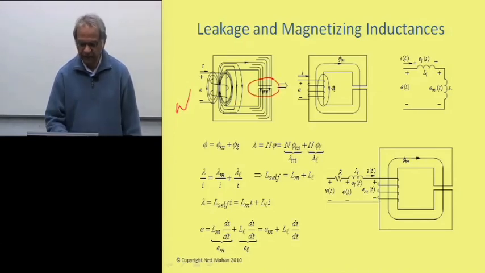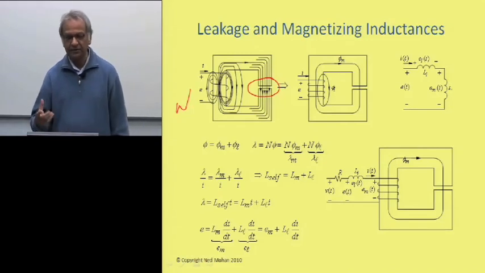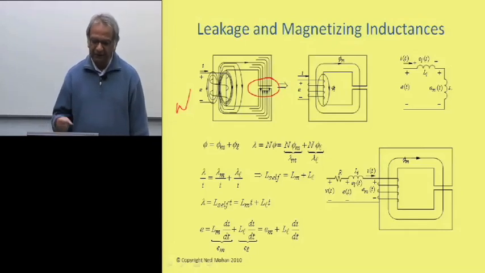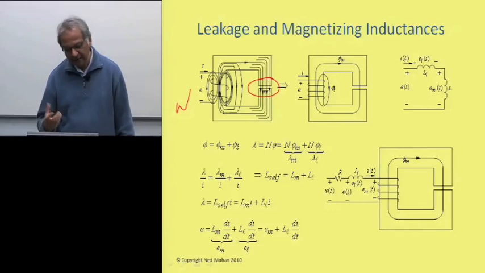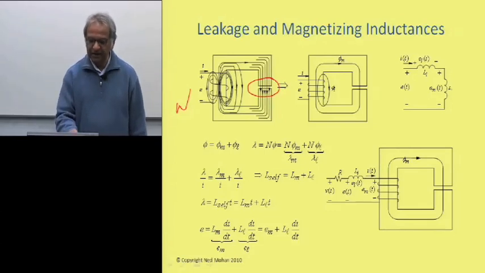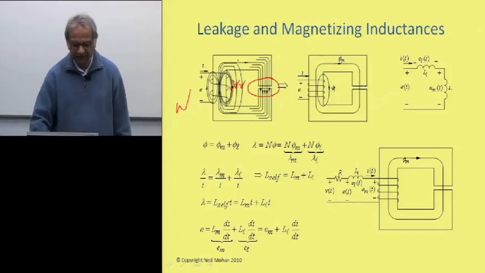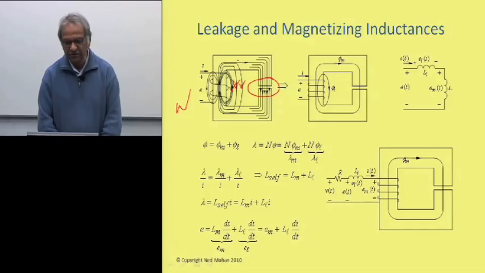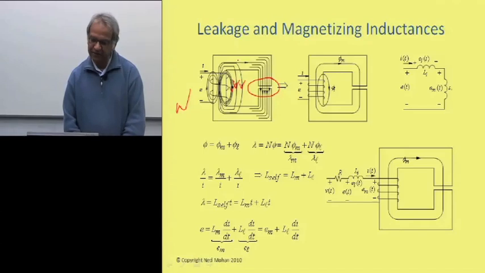Okay, so you can see that this magnetic core is like a conduit of flux lines. We hope that all these flux lines would remain in this conduit, but that's not going to happen. In a magnetic structure, you will have so-called leakage flux through the window, and what I'm showing here is this leakage flux linking all N turns, but in practice, some would link only a partial number of turns.